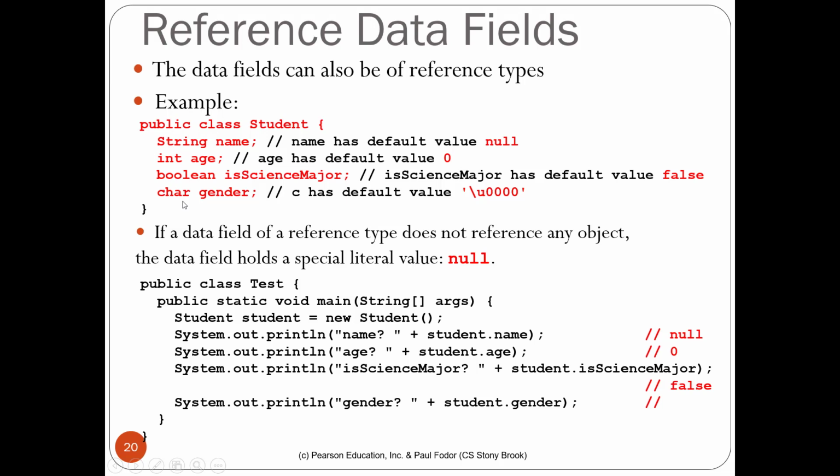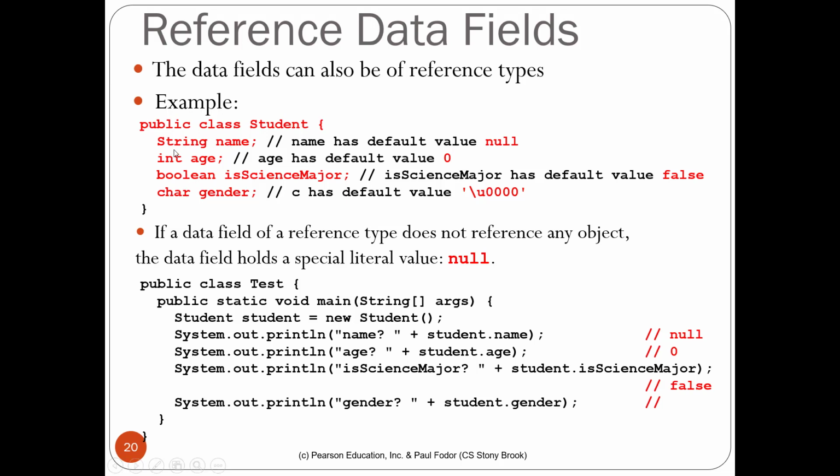These are the four attributes, properties, or data fields which define our Student class, which is our template or prototype to create Student objects. Now, the interesting thing is that whether you initialize these values or not, they will have some values. All right, so these are data members.